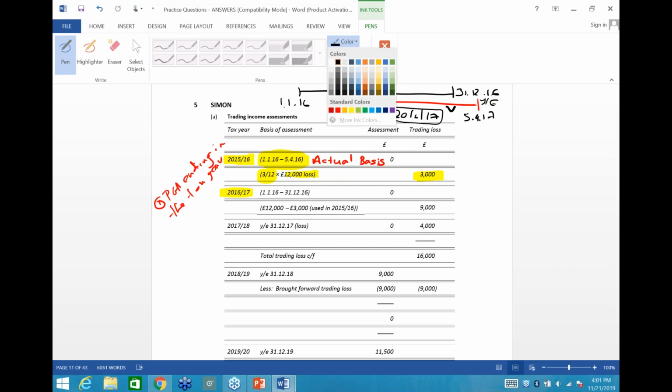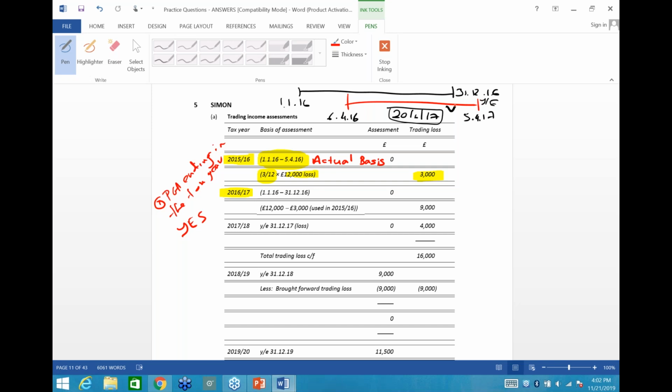Then the next question that I have to ask, if the answer is yes, there is a period of account ending. Ending means you look at the last date of your accounting period. Your last date of your period of account in this example is 31st December 2016, which is a date which falls into the 16-17 tax year.